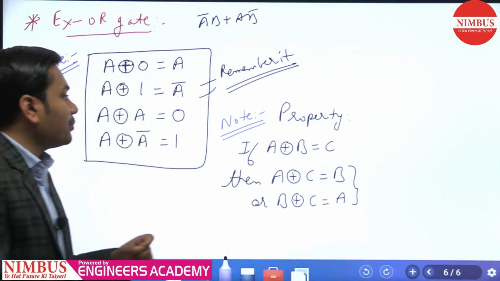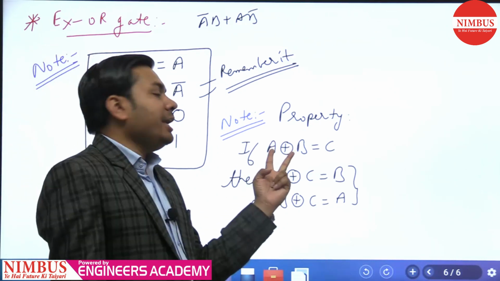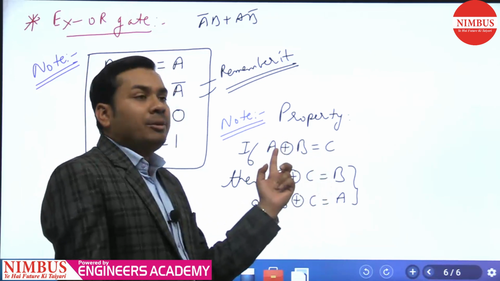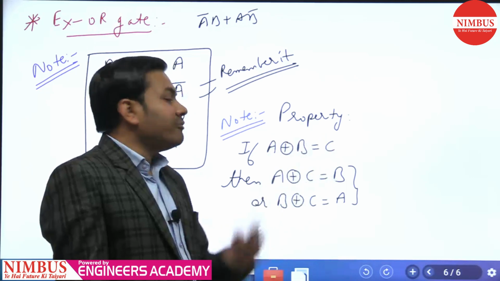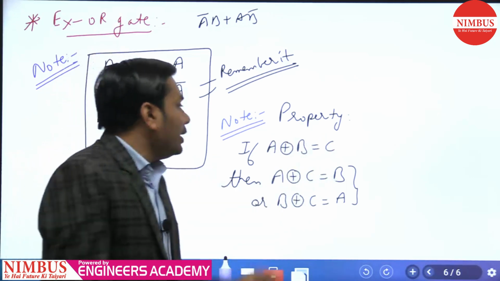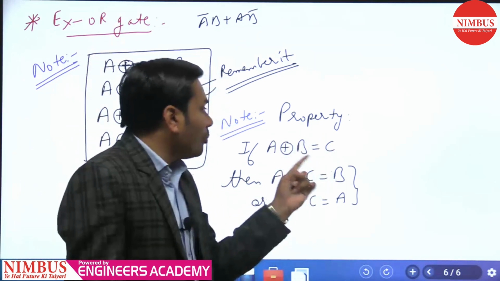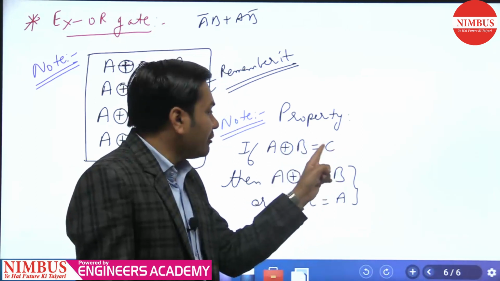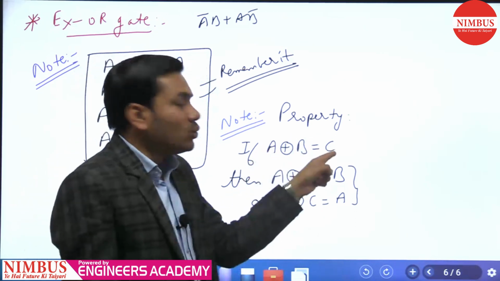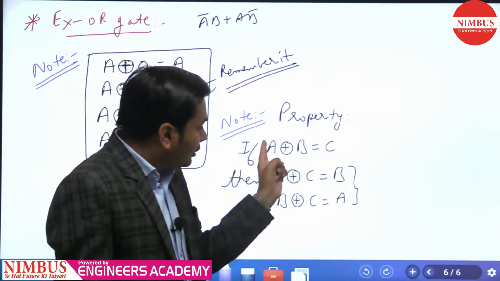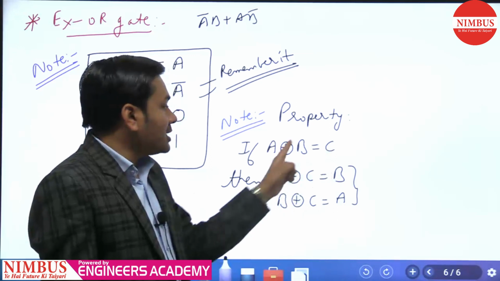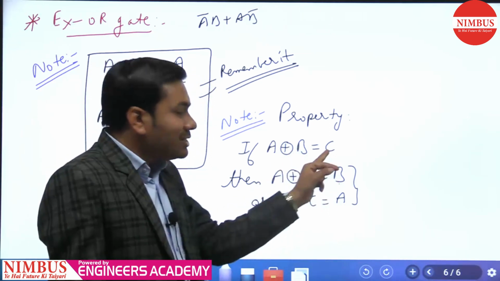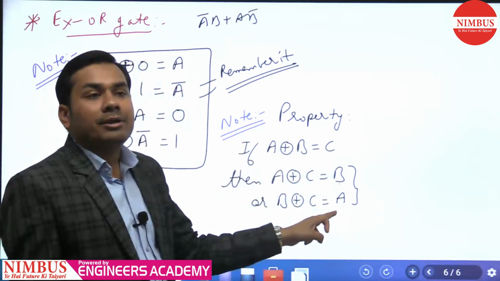On the board, guys, suppose we have A XOR B is equal to C. When we perform the XOR operation of A and B, the answer will be C. So when we perform A XOR C, means XOR of A with C, the answer will be B. If we perform XOR of B and C, then the answer will be A, right?